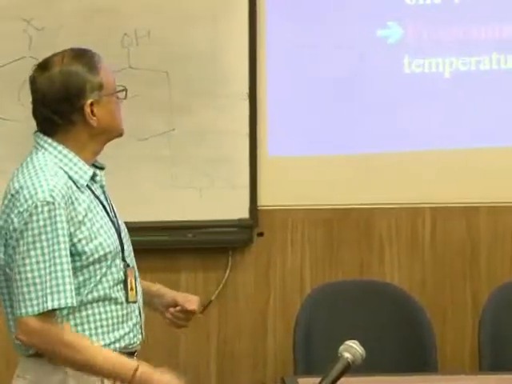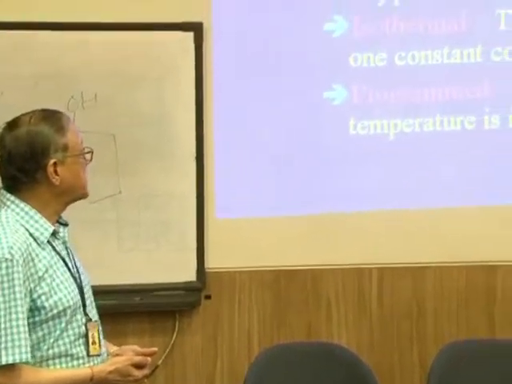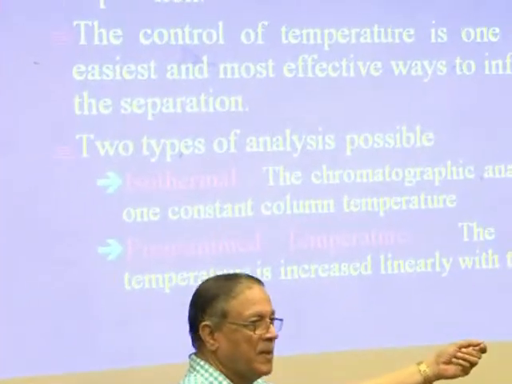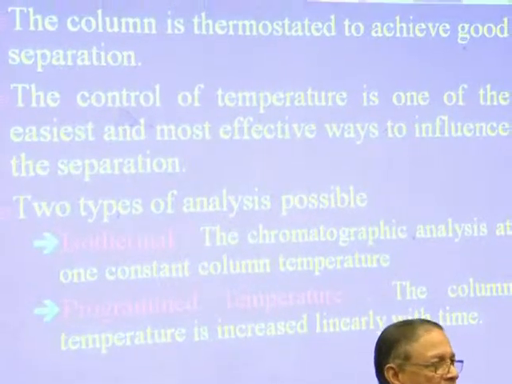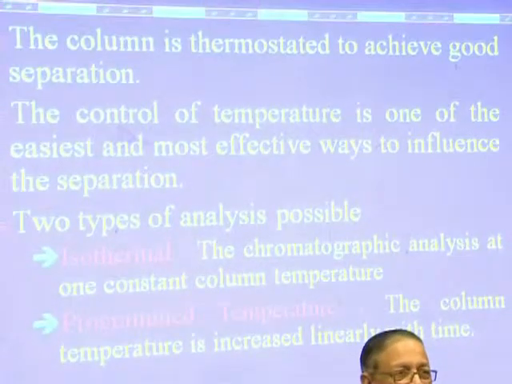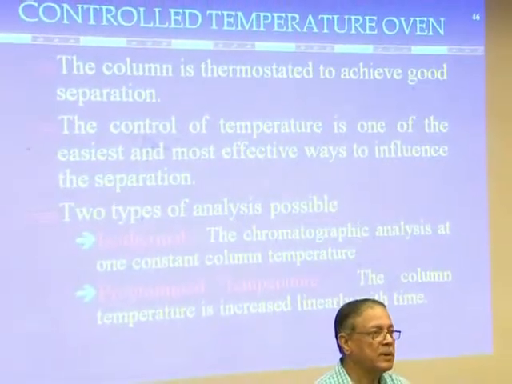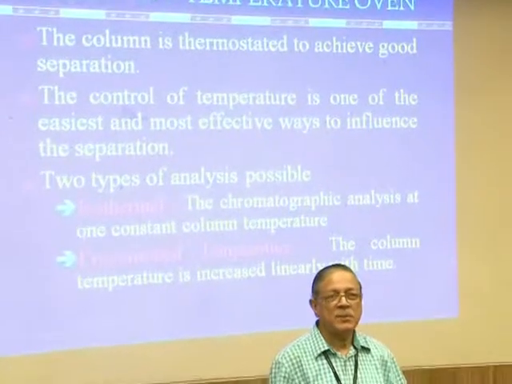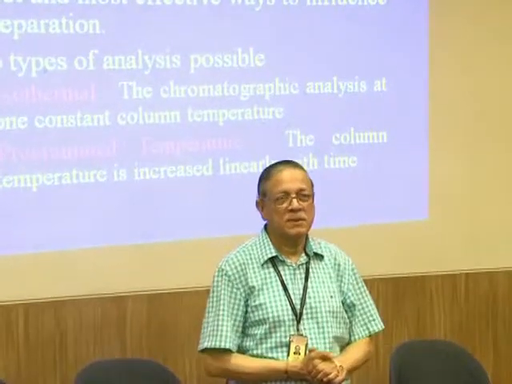Yes, next. This is called programmed temperature. The column temperature is increased linearly with time. For example, there is a program, you don't have to do it manually. You program it so that to begin with, the temperature of the oven will start at 50 degrees, and then you increase the temperature because you know the boiling points of all the solutes.